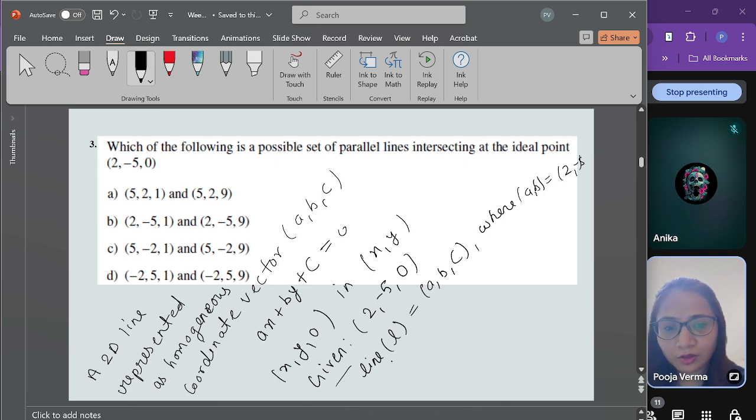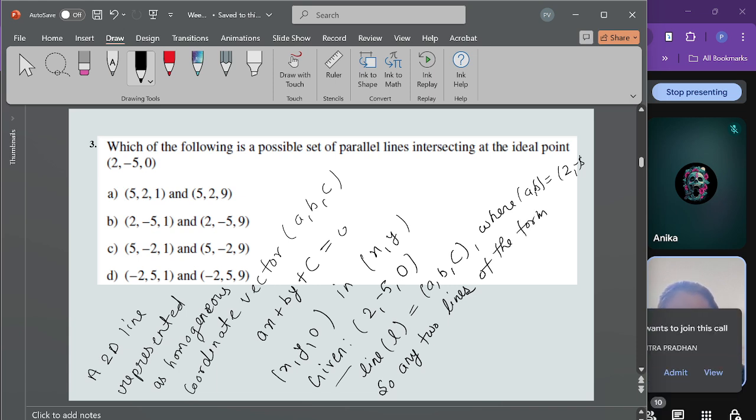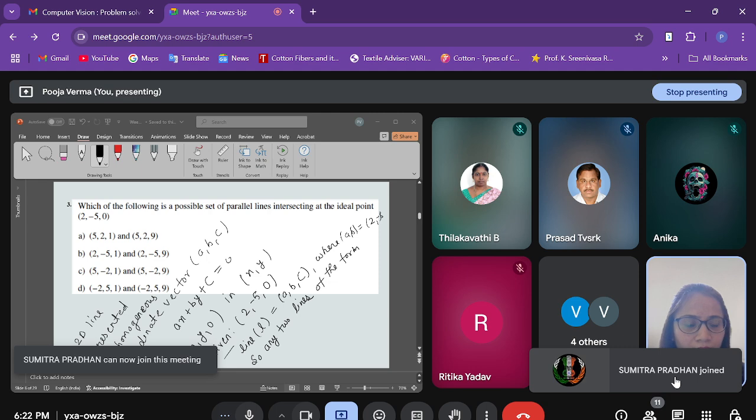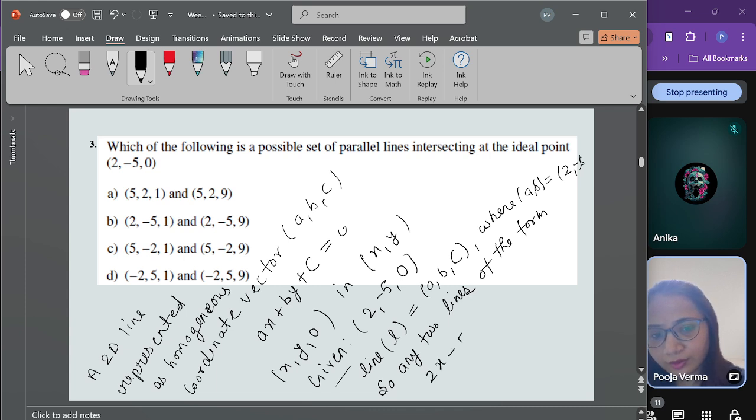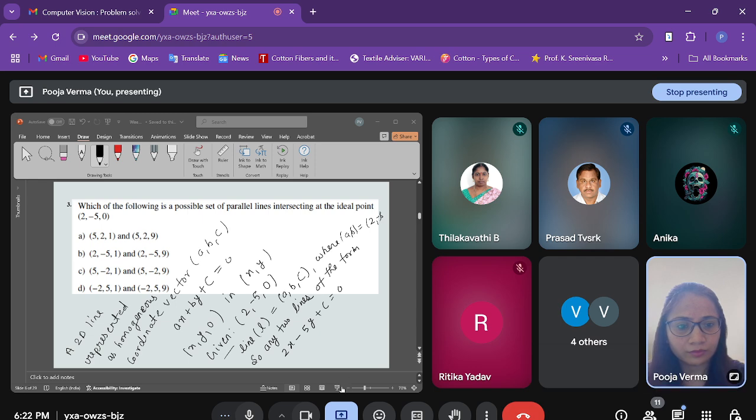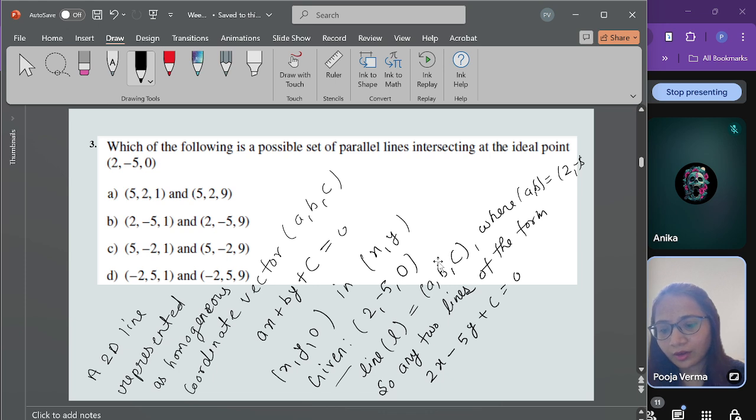So any two lines of the form 2x minus 5y plus c is equal to 0, where c can be different, are parallel, so they intersect at the ideal point 2, -5, 0, right?